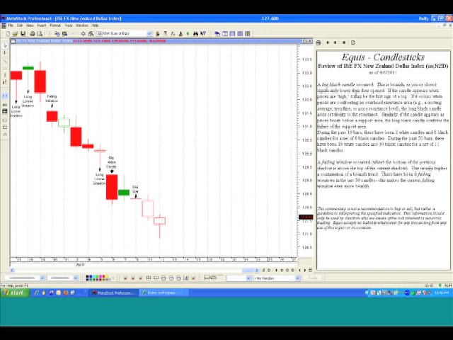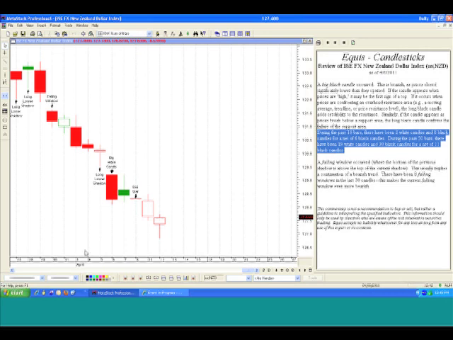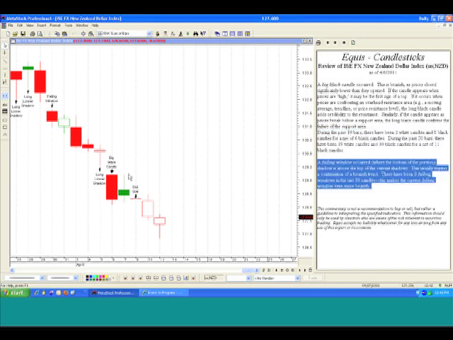Okay. If I come back to this big black candle, which happened in the middle of this downtrend, it's going to tell us exactly what a big black candle is. This is bearish as prices close significantly lower than they opened. The candle appears where prices are high. The long black candle adds credibility to the resistance. If a candle appears as prices break below a support area, the long black candle confirms the failure of that support area.